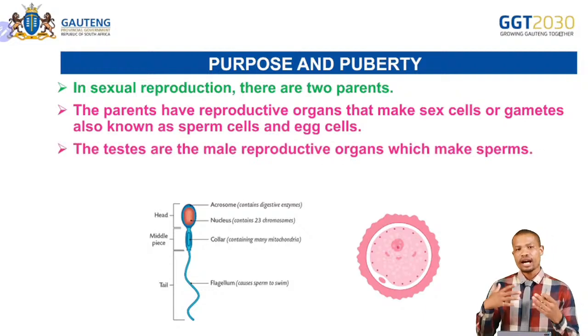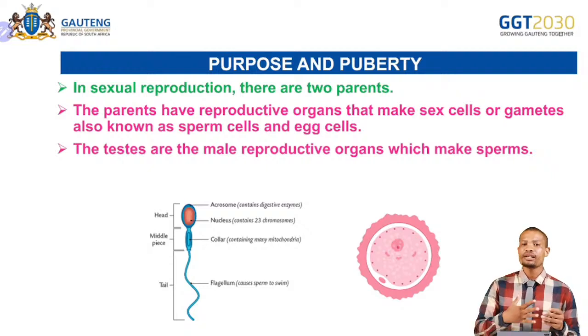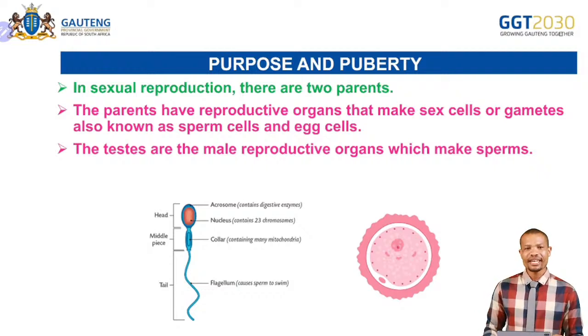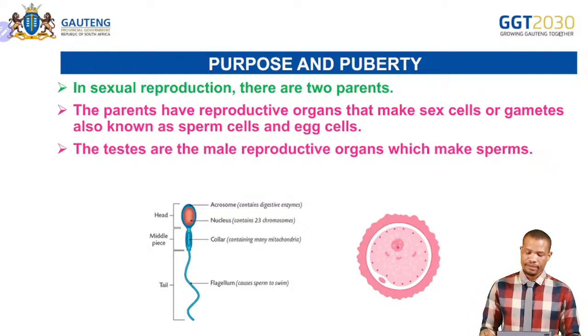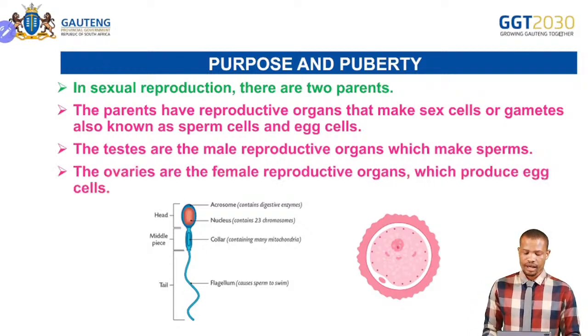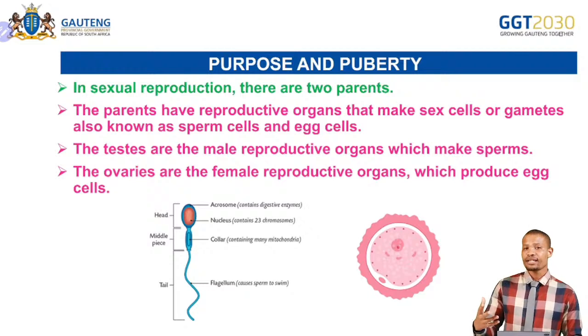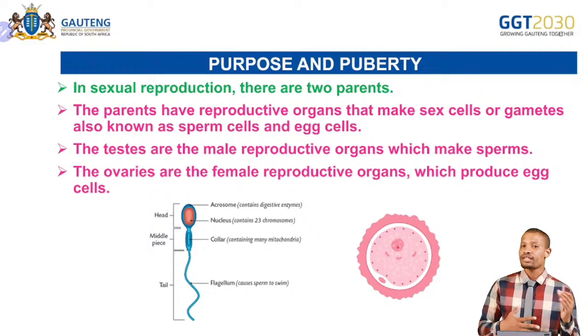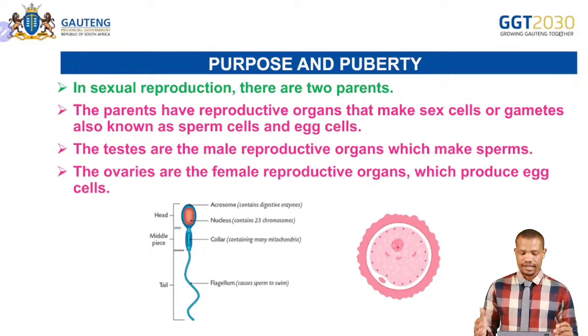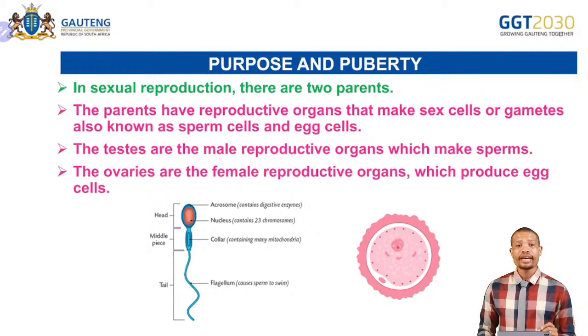The sperm is produced by the testes of the male, and the egg is produced by the ovaries of the female, okay? Right, so the ovaries produce what? The egg cells. And the testes, they produce what? The sperm cells.